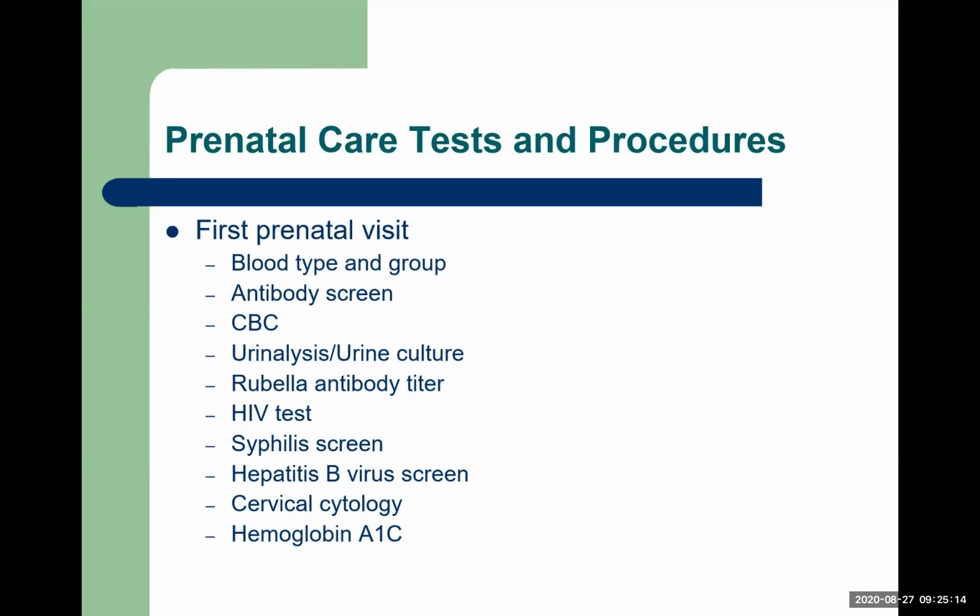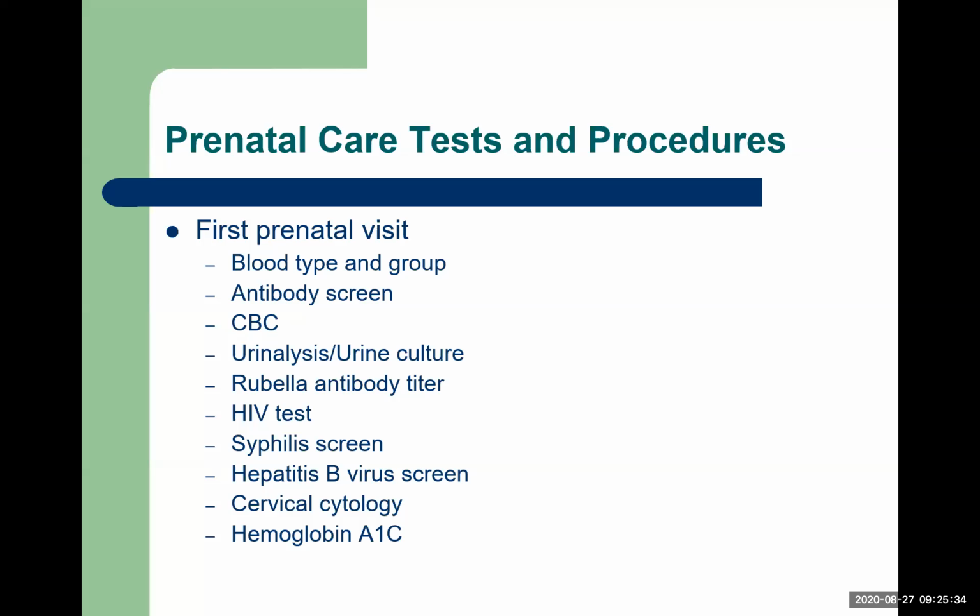The HIV test is a very important test, because we can do so much for a patient that has undiagnosed HIV during pregnancy, and we can also do so much to prevent transmission to her unborn baby.